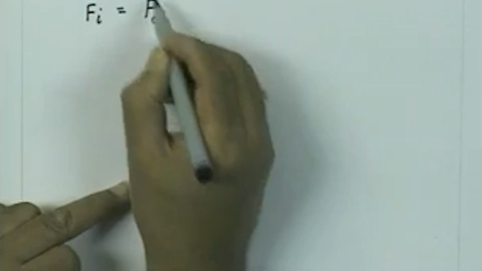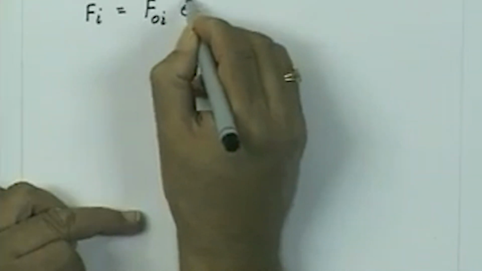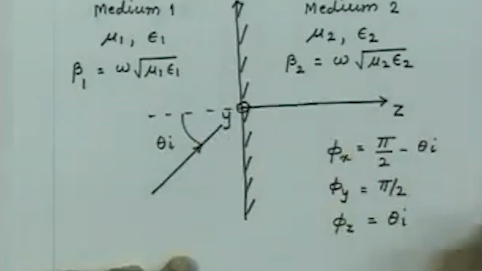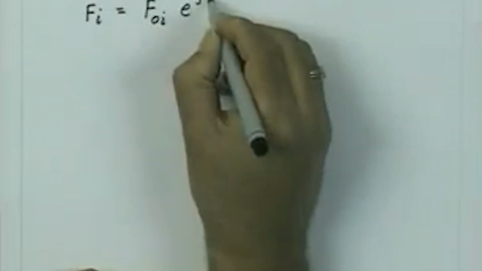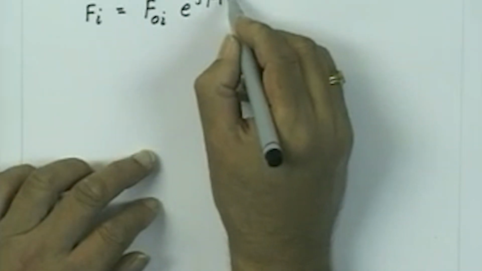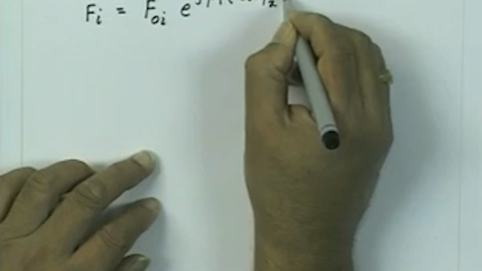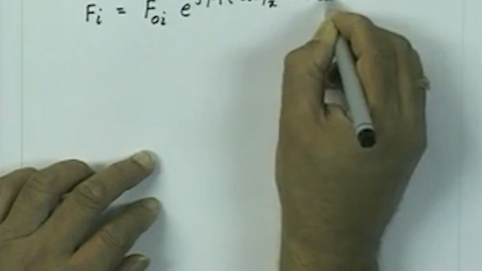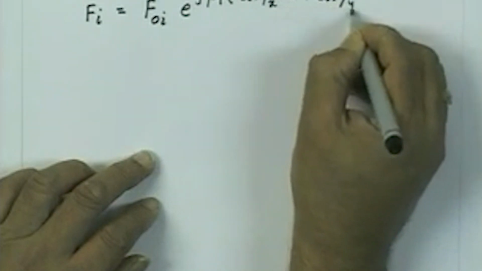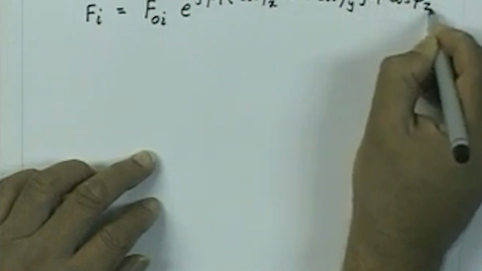So let us say it is F0I, which is a vector, and then we have a phase function which is e to the power minus j. The wave is incident in medium 1, so its phase constant is beta 1. So this is beta 1 into cos phi x into x plus cos phi y into y plus cos phi z into z.